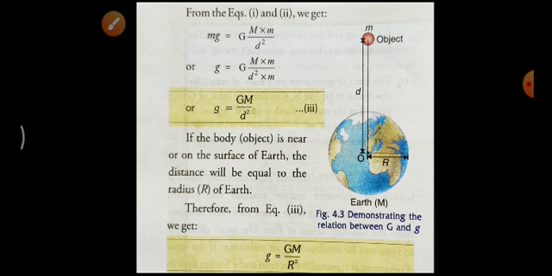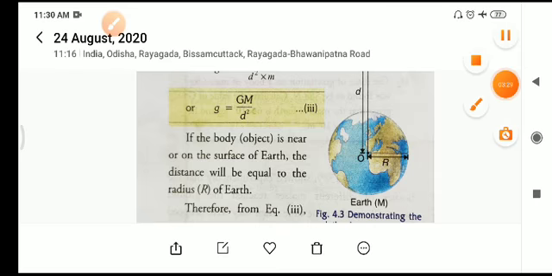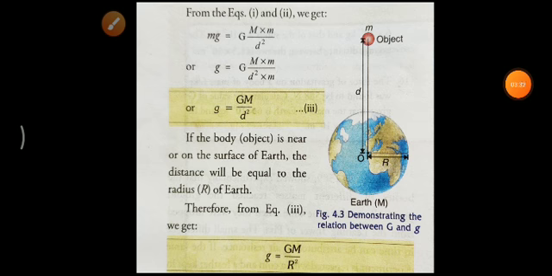Then g is equal to G capital M divided by d square, which is equation 3. So we found that the value of small g, the acceleration due to gravity, is G into capital M divided by d square.